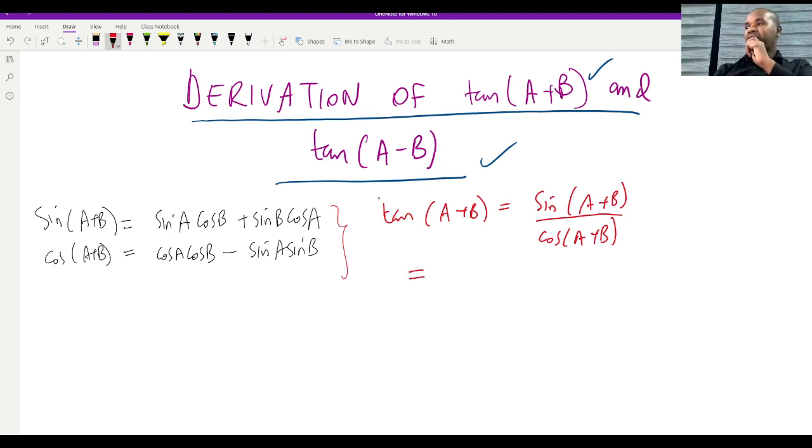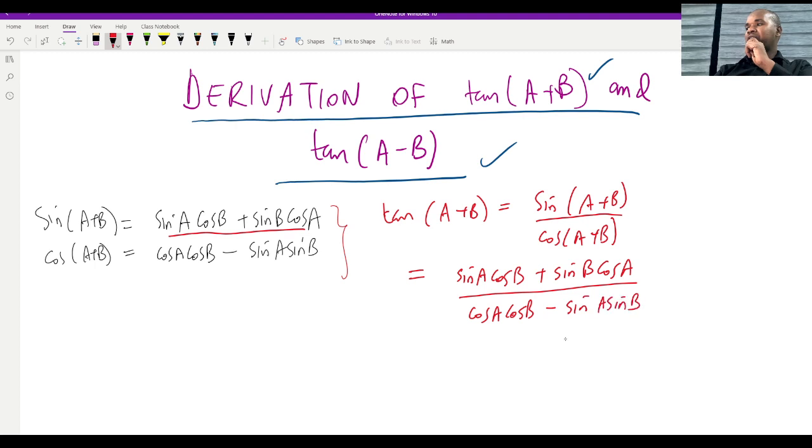So I'll plug in the formulas we have already. Sine(A + B) is sine A cosine B plus sine B cosine A, divided by cos A cos B minus sine A sine B. The next step is to divide by cosine A cosine B throughout the expression.